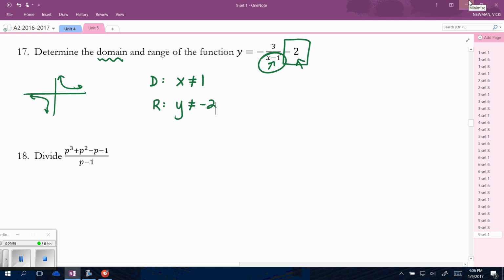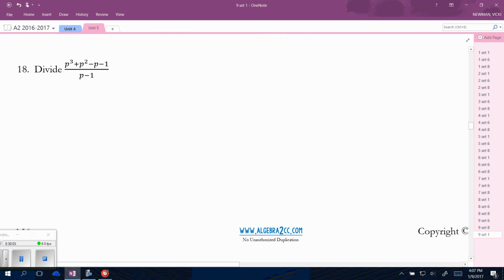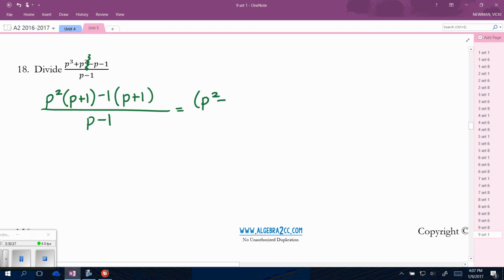Number 18 says divide. So your natural reaction to this should be to try to factor. Take a p squared out of the first two, so that would be p plus 1. And take a negative 1 out of the second two, p plus 1. So that's p squared minus 1 over p plus 1.